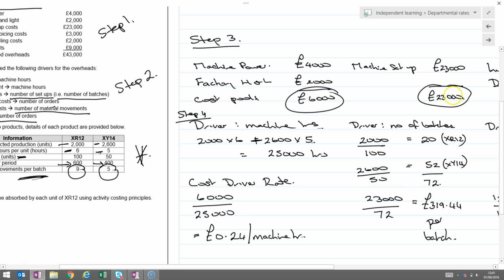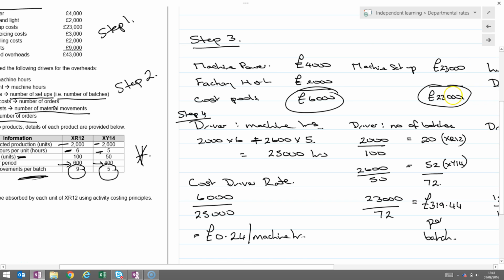So if we just go back, we had material movements per batch, 9 and 5. So we've got 20 times 9, 52 times 5, it's 260. So our total number of movements, 440.